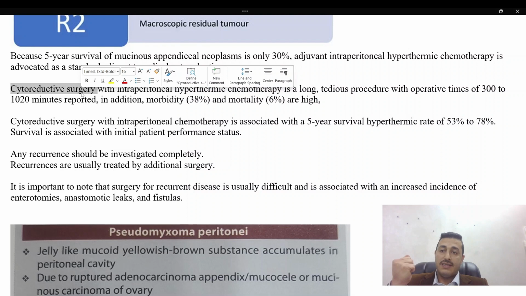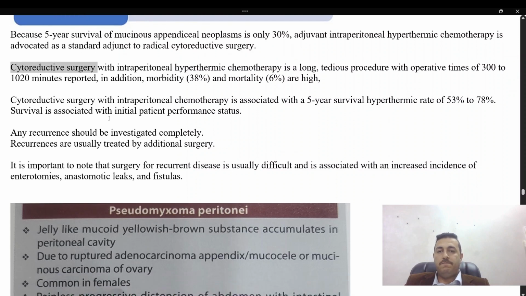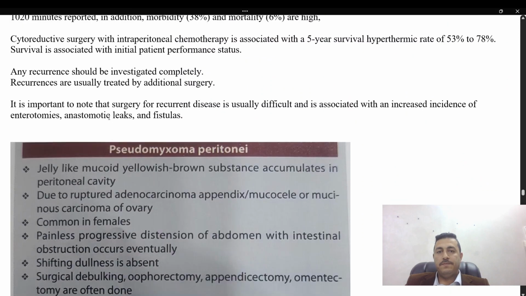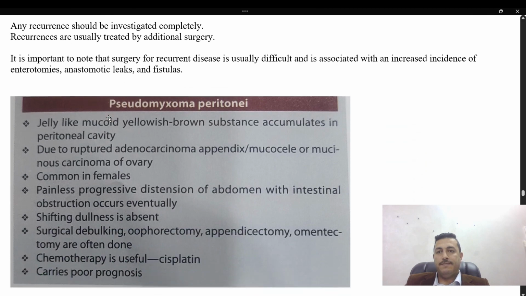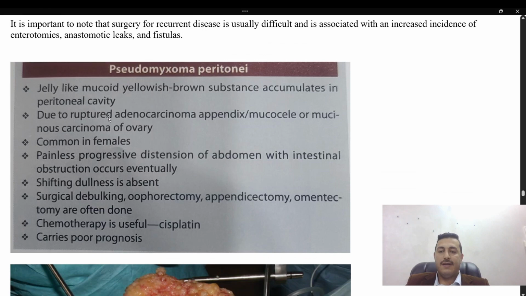These are cytoreductive surgery plus intraperitoneal chemotherapy. Okay. If we have recurrence, investigate again and do surgery again.